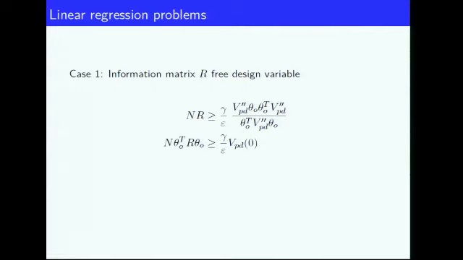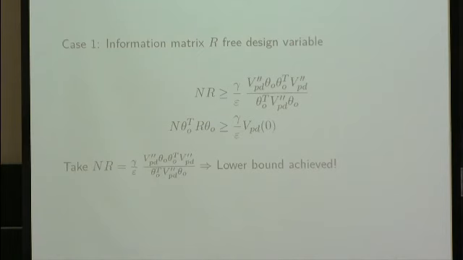So let's now look at a few different cases. First, let's assume that R, the information matrix, is a free design variable. We had these two inequalities, and since I have complete degrees of freedom, I pick R to be equal to the right hand side here. Then if I plug in that R here, I achieve this lower bound.